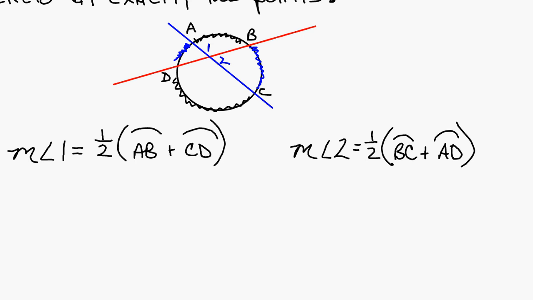Don't write this, just watch for a second. If you got a circle and it's got some tangents, this angle, x is going to be equal to 1/2 times this arc right here plus this arc right here. Everybody see that? It's the intercepted arc of the angle you're trying to find, and then its vertical angle.